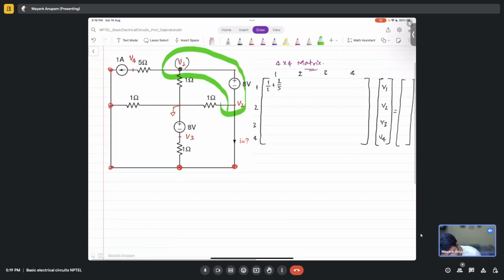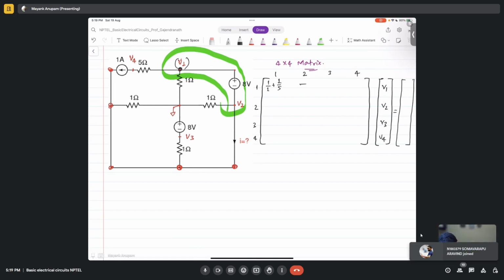So tell me what else will I have here? 1 over 5. What else? Plus 1 by 1. That I have written already.